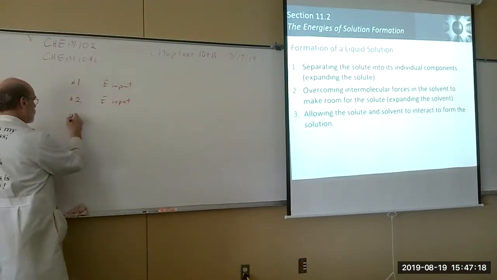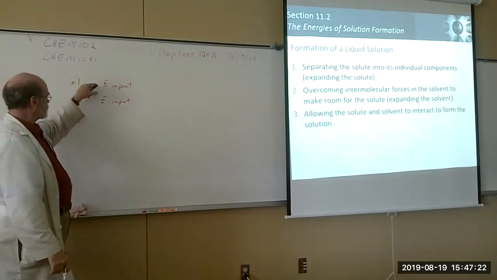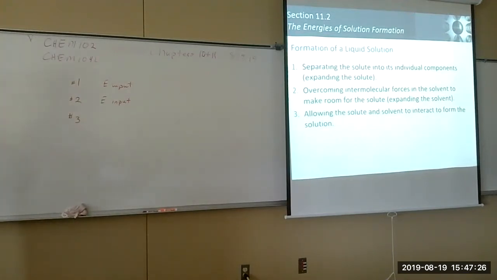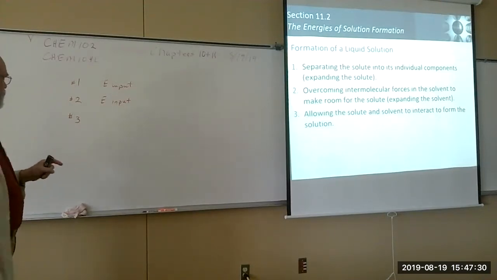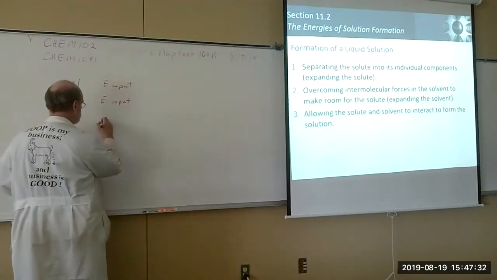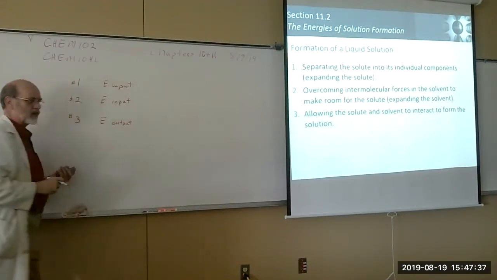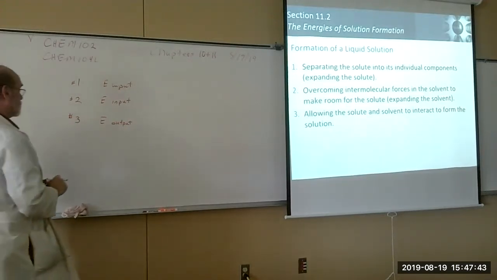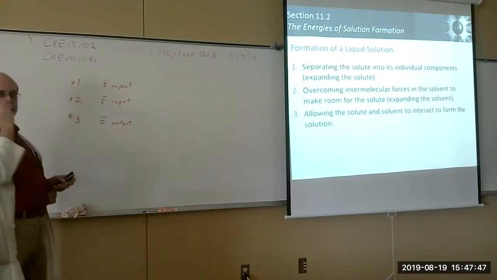Now, once you've got those holes and you put these two together, the solvent interacts with the solute. And in that case, you get energy output, because as they come closer together and start to interact, they give off energy. So the first 2 steps, you put energy in. Third step, you get energy back.